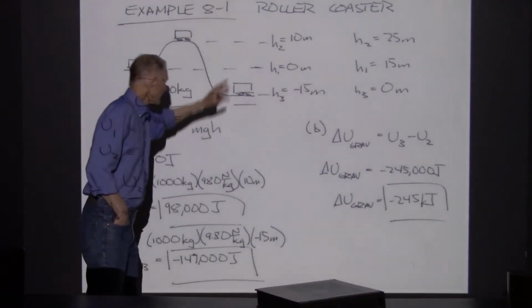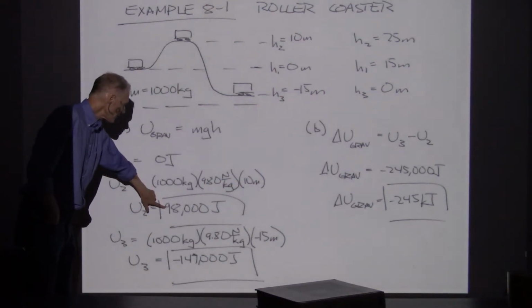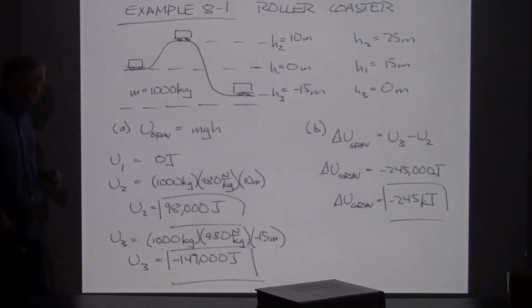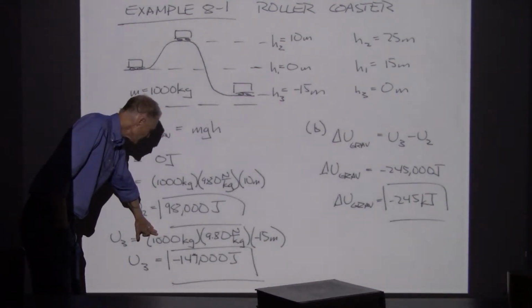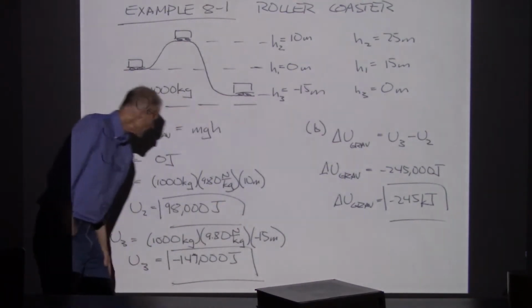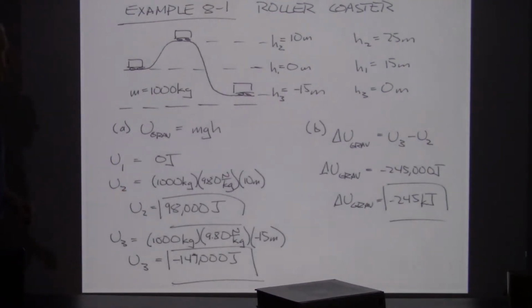That's an elevation of 10 meters above, so that's going to be 98,000 joules of potential energy relative to 0 joules at position 1. Now for position 3, it's the same 1,000 kilograms, 9.80 newtons per kilogram, and minus 15 meters. That's going to give me a potential energy of minus 147,000 joules.